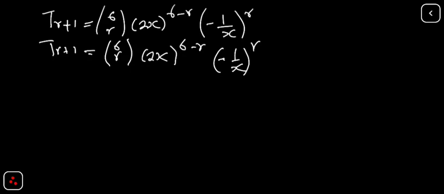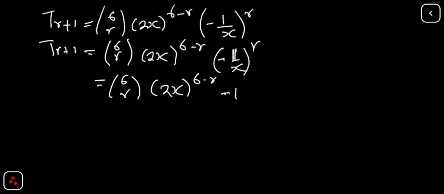We have 6Cr (2x)^(6-r). Writing the fraction in the form of a whole number, we have negative 1 times x to the power negative 1, then outside the parentheses you raise it to the power r.